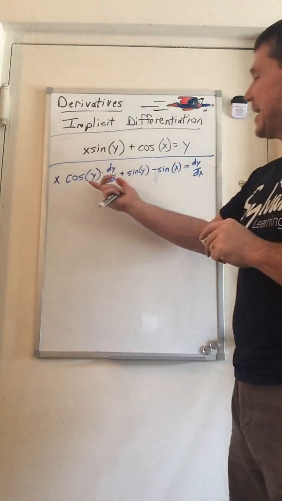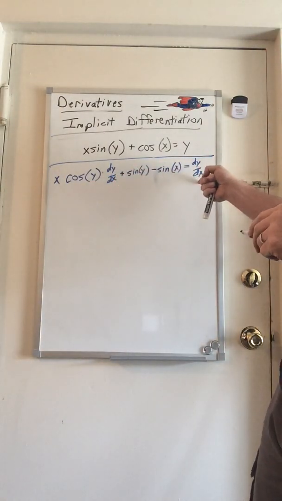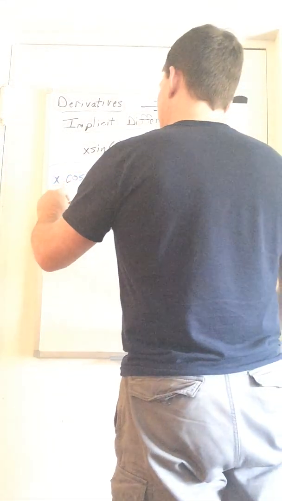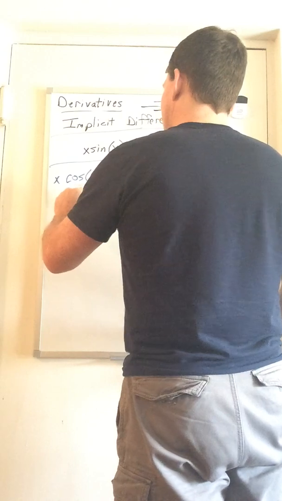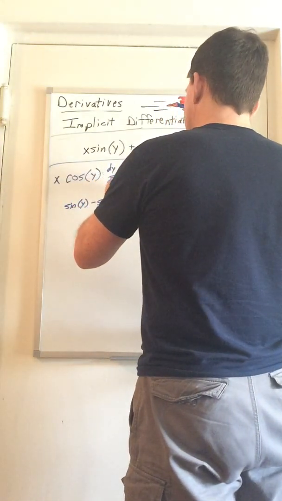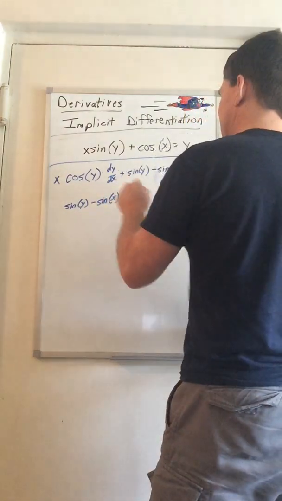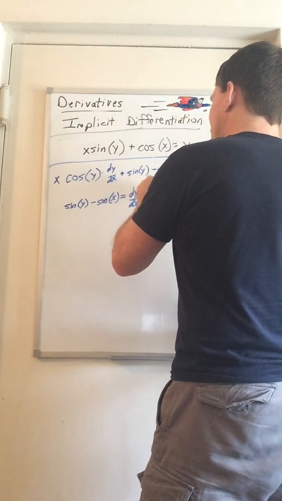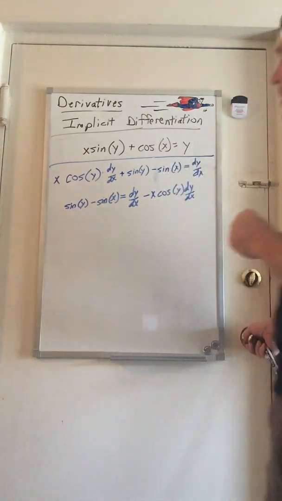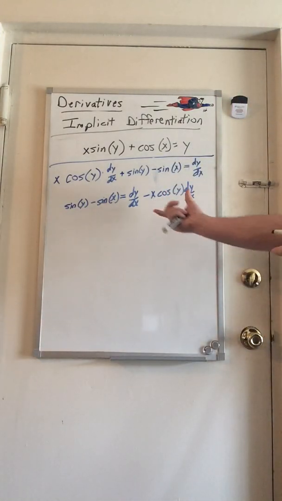Now to solve for dy dx, in this case, since I have this by itself on the right, I'm going to subtract this term over. So I'll be left with, on the left, sine y minus sine x equals dy dx minus x cosine y, dy dx. And now again, it's just algebra.